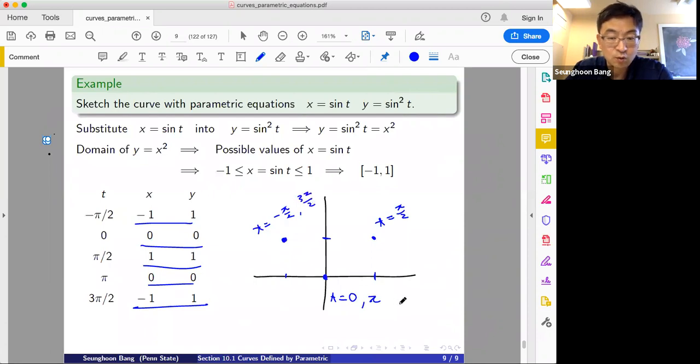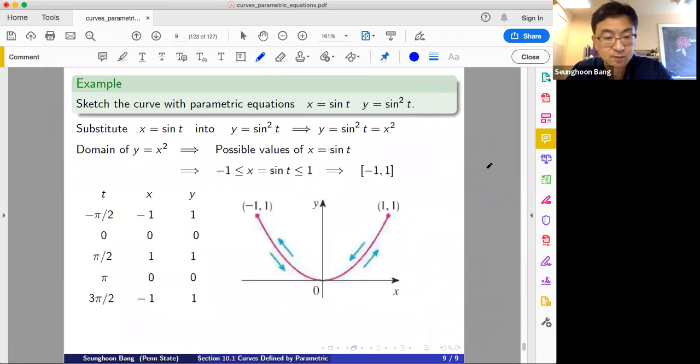You can keep going. We have 2 pi and 5 pi over 2, 3 pi, 7 pi over 2, and so on. So what happens? The graph is a parabola, and the point moves back and forth like this.